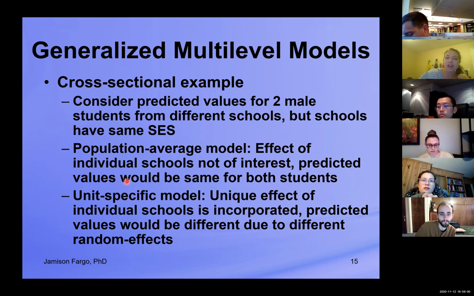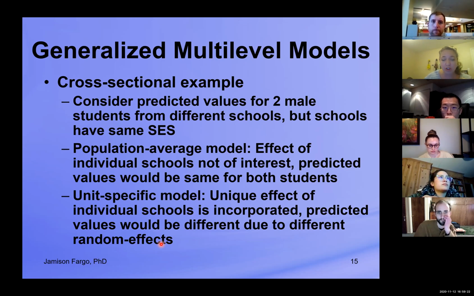So it would predict values would be the same for both students. The GLMM would give unique values, would incorporate the uniqueness of the schools beyond just having the same SES. So we'd get slightly different predictions for each of the 2 boys, because it's going to be specific to each school, not averaged over all schools.